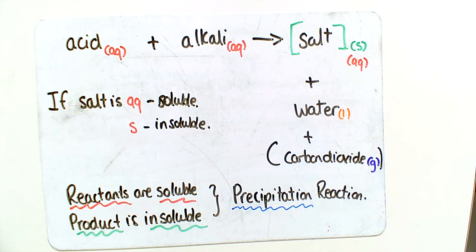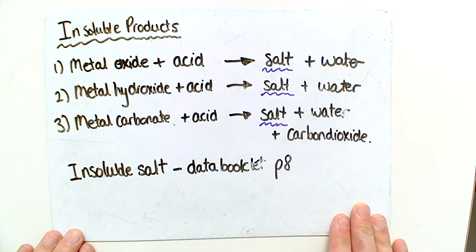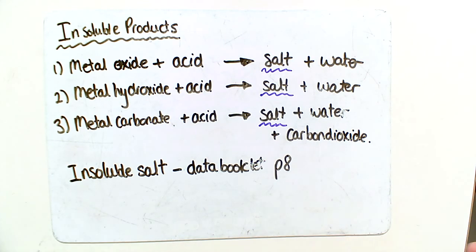So there are two ways of finding out if a product is insoluble. The first one is using page 8 of the data booklet. So from the name of the salt, we can look up the data booklet.